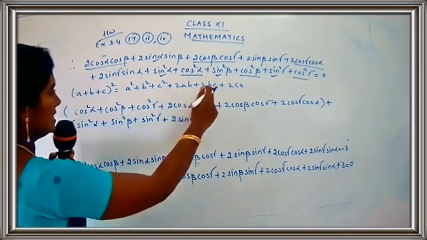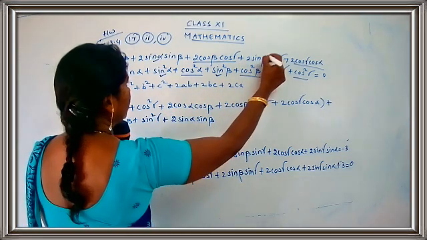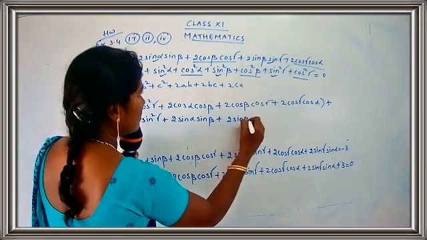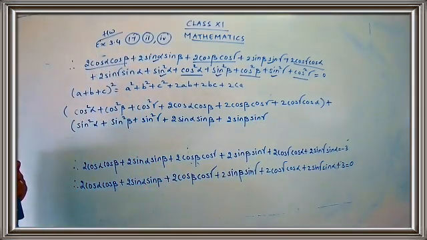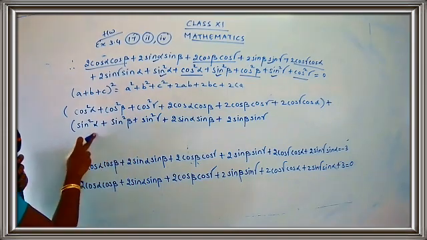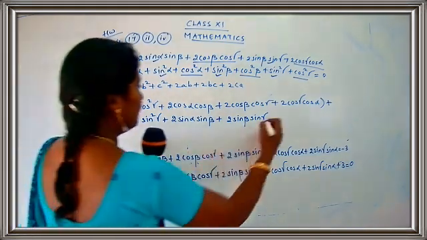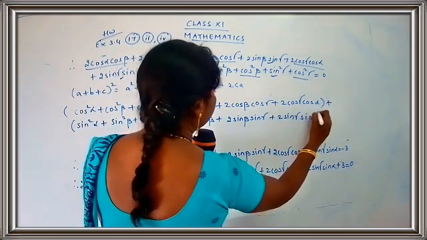AB, BC, BC, beta gamma here. 2 sine beta sine gamma. The next one is CA. CA means gamma and alpha here. Just write down here plus 2 sine gamma sine alpha.